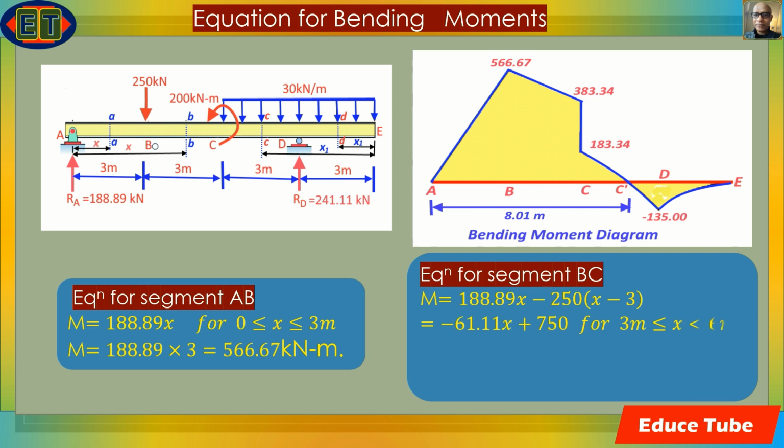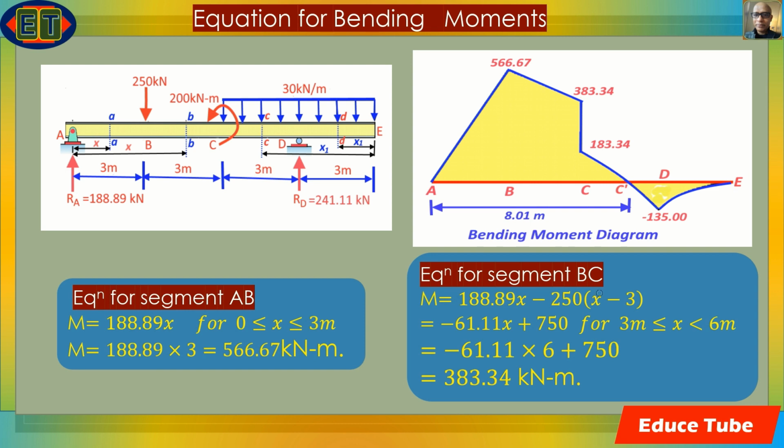For AB, this support reaction multiplied by x. If the range is x less than or equal to 3, greater than or equal to 0, so the moment is 566.67 kilonewton meter for segment AB.